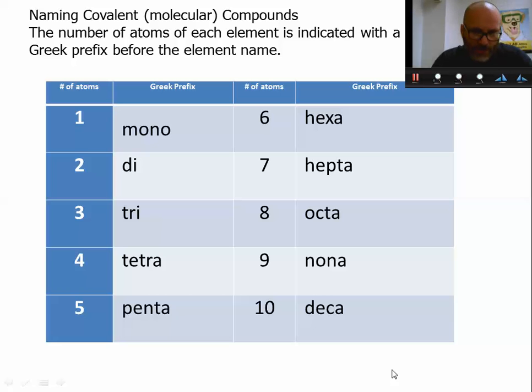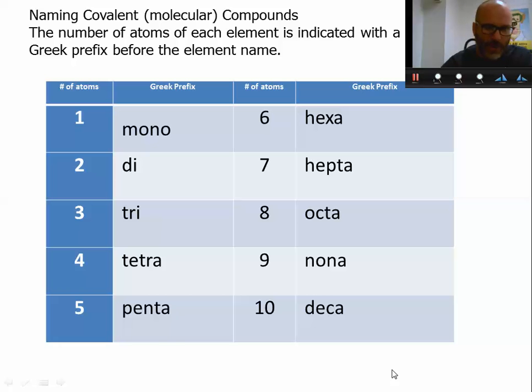For covalent compounds, naming is based upon Greek prefixes. We have gone from Roman numerals to Greek prefixes, so we're just traveling around the Mediterranean.